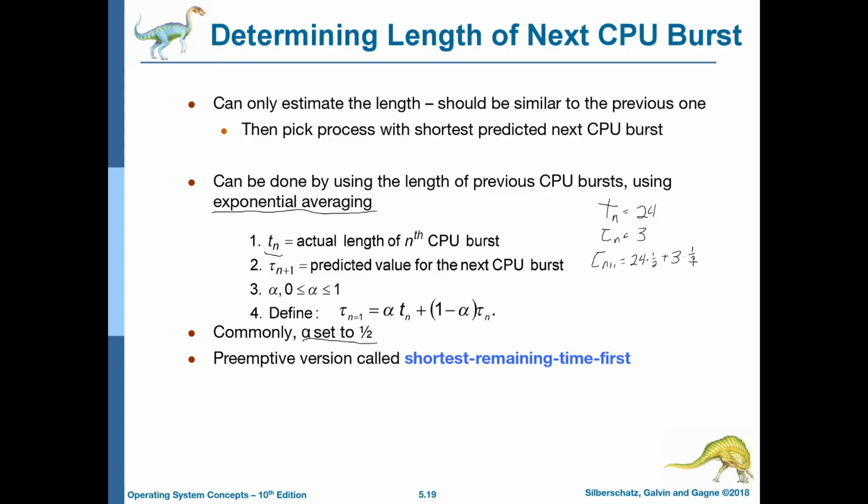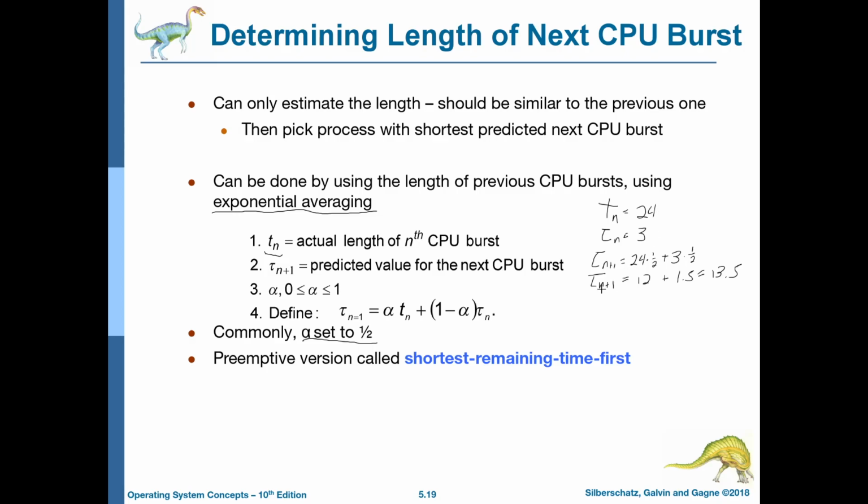Well, 1/2 of 24 is 12. 1/2 of 3 is 1.5. And so 13.5 is our guess for tau n plus 1.